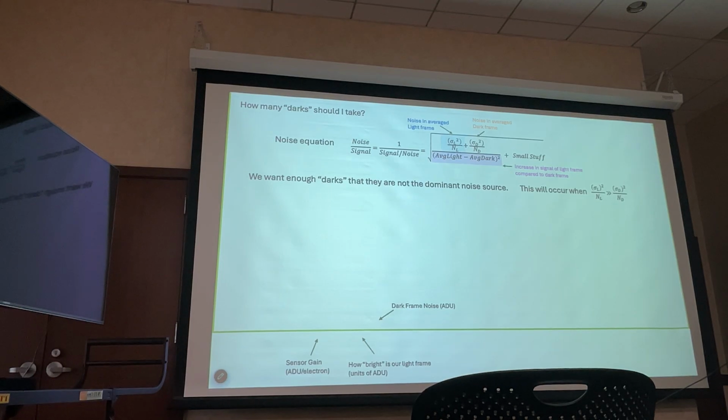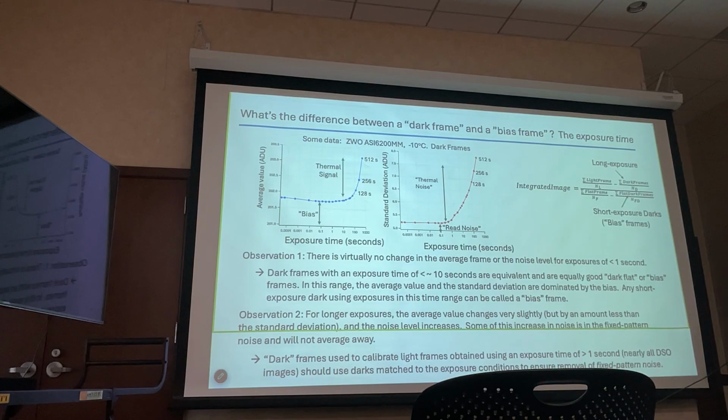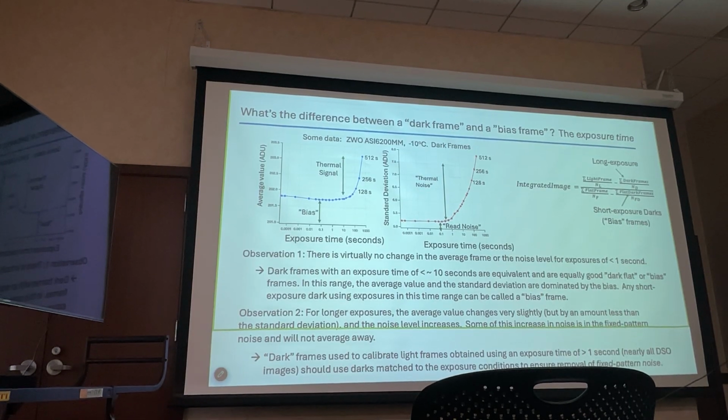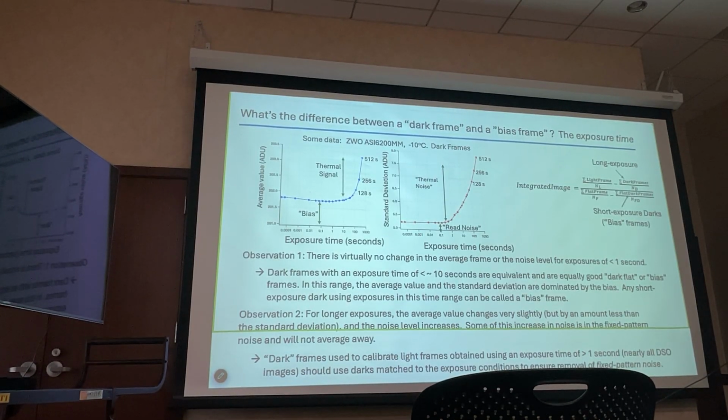Could I just make sure I understand? You're saying when you're looking at your flats, which are typically half a second or less. Yes, your flats. And then taking dark flats, because the exposure is so short, it doesn't matter if you've got a 100 millisecond flat and a 200 millisecond flat dark.